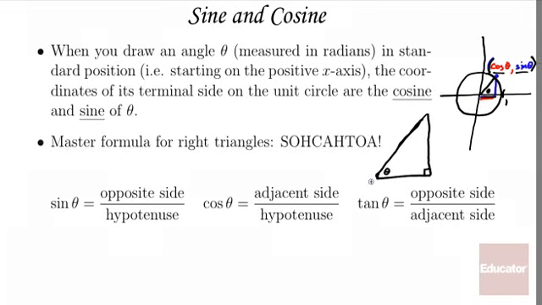And then you label each one of the sides in terms of its relationship to theta. The one next to theta is called the adjacent side. The one opposite theta is called the opposite side. And the long side is called the hypotenuse.